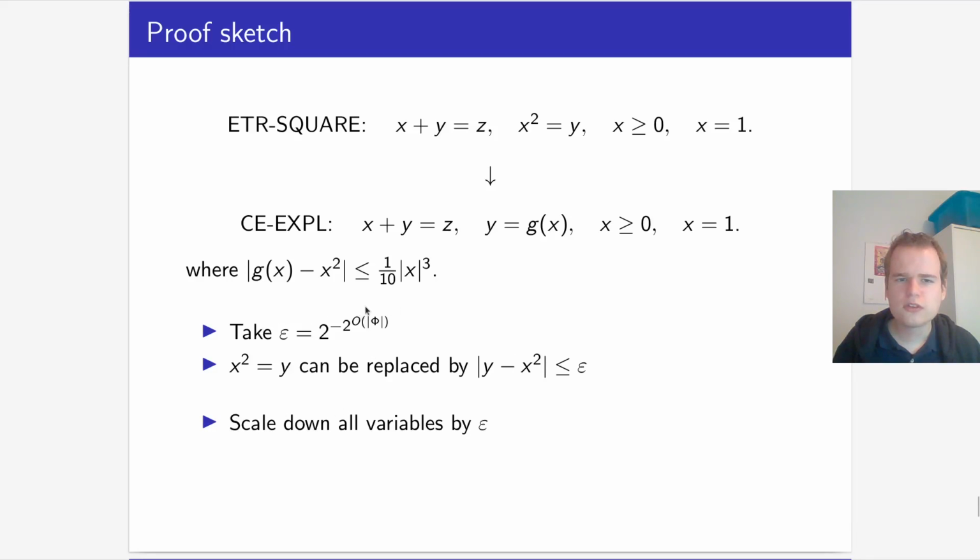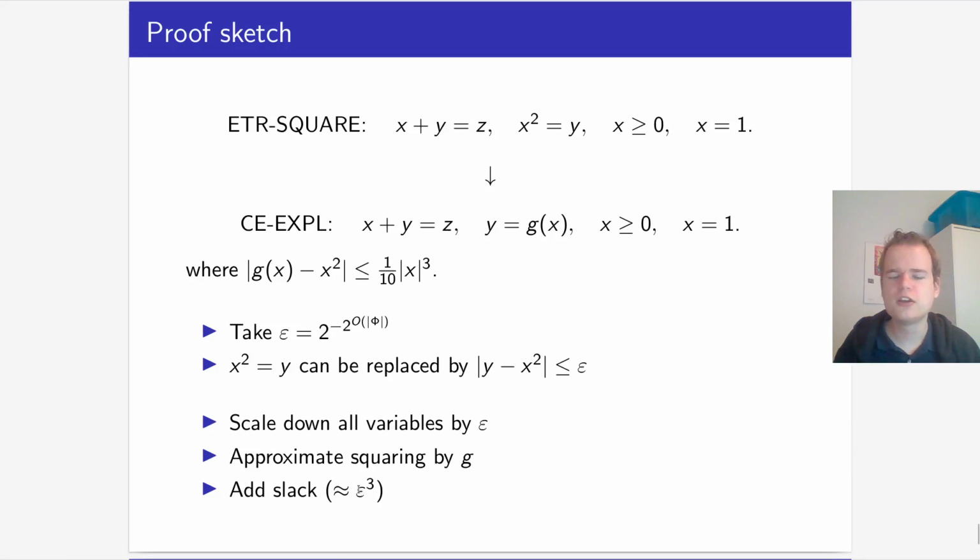We start with this phi, the ETR square instance, and we scale down all variables by epsilon, or actually we want to ensure that every variable is in absolute value at most epsilon. Then, on these scaled down variables, we approximate the squaring conditions by just using g. However, squaring a variable and applying g to a variable is not exactly the same, so for this reason we need to add some slack to these replaced conditions.